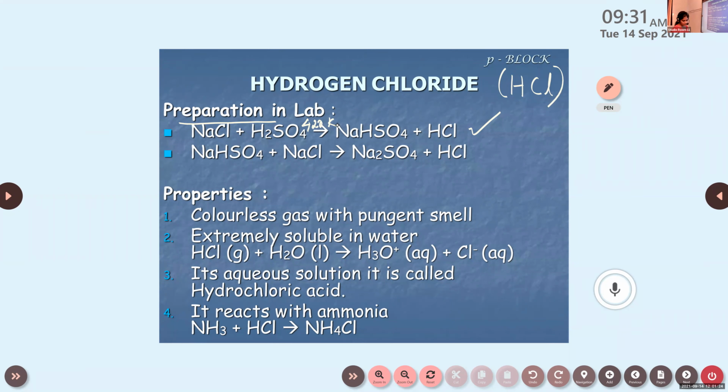Then the second step, from this sodium hydrogen sulfate. We know that two products are obtained in the first step: hydrogen chloride and sodium hydrogen sulfate.